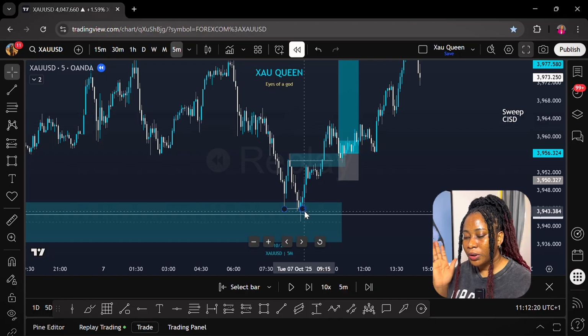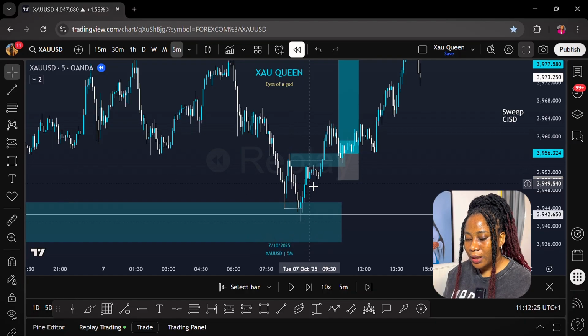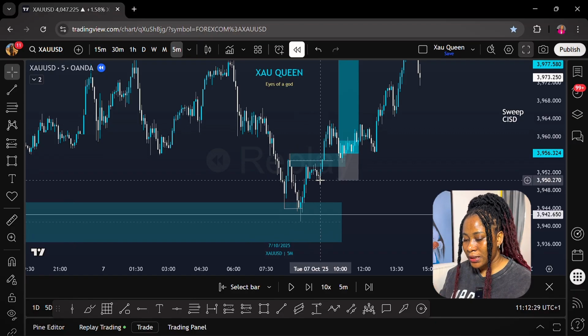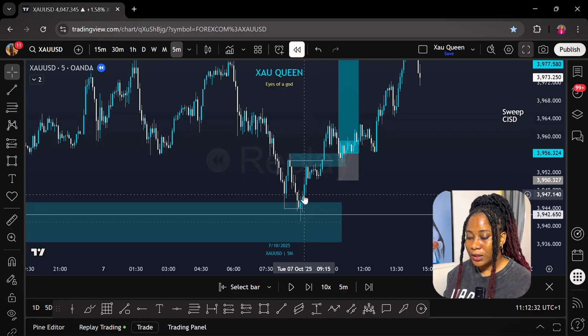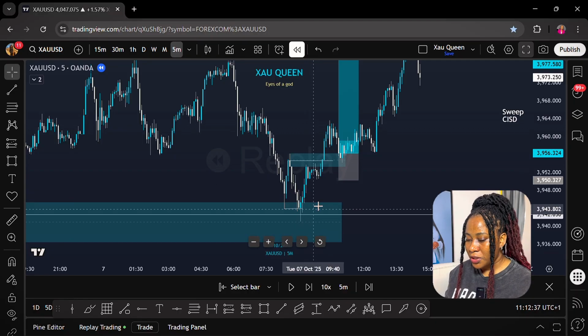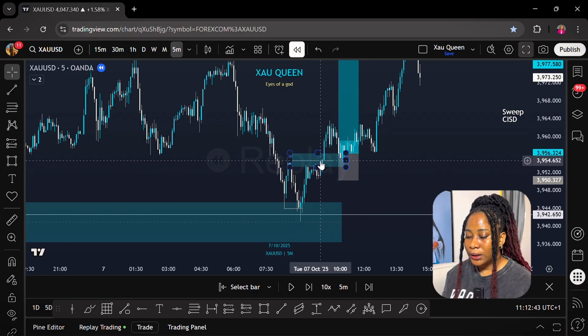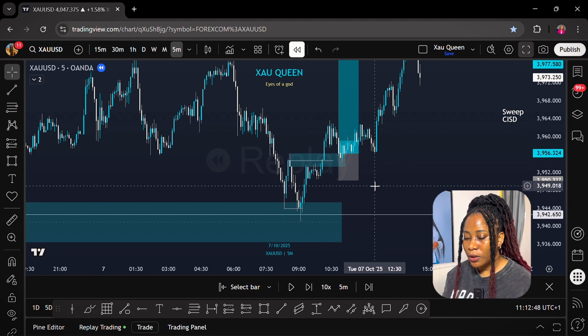If it's not a breaker block, then you've not gotten your sweep, you shouldn't enter. So a breaker block, or if there was an FVG here, I'll probably use this as liquidity for the FVG, but I didn't practically see anything here, and this other block was extreme, so that's why I would have used this breaker block. I hope I did not just complicate it here.